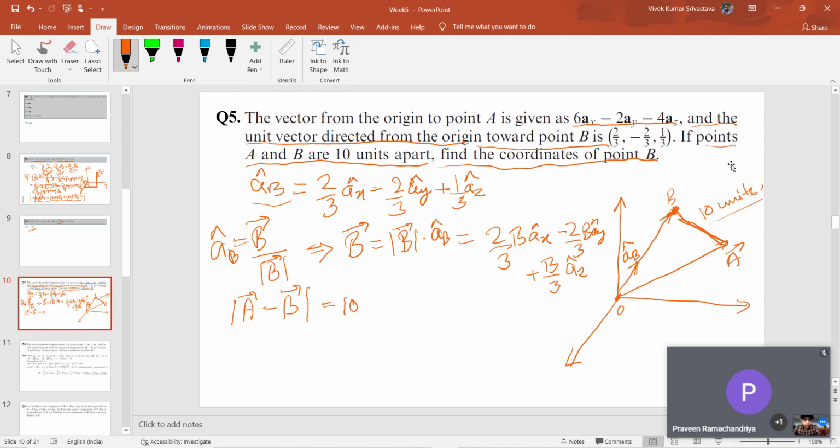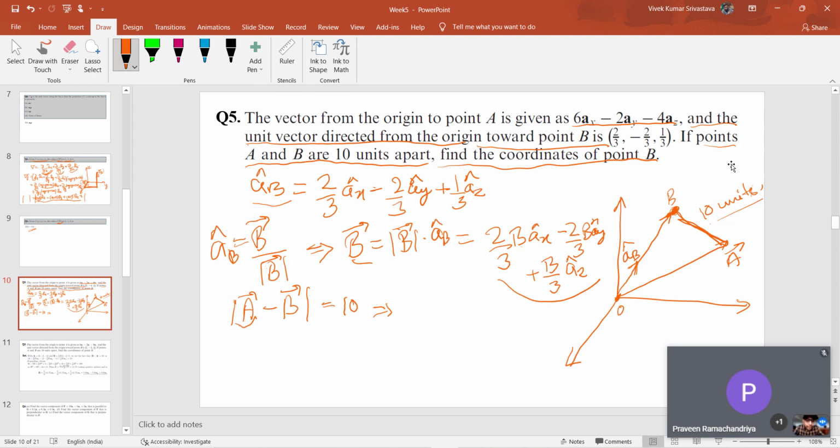Okay, so vector A is already given to you, which is 6ax minus 2ay minus 4az. So you can put the value of A here, and B you have already found in terms of the modulus of B. So you take these two vectors and find the distance between them.